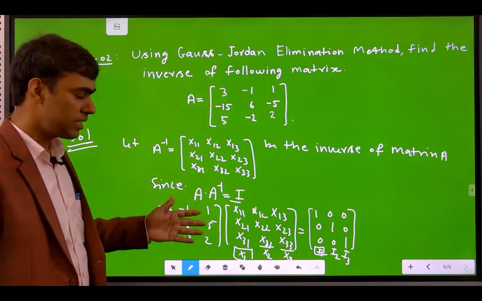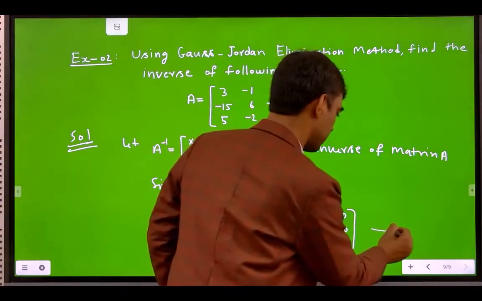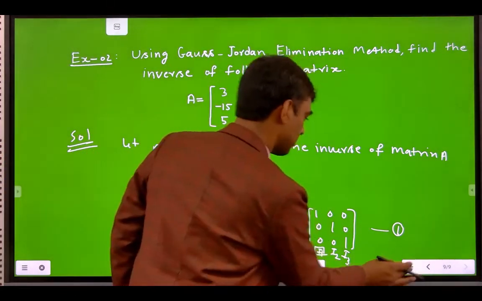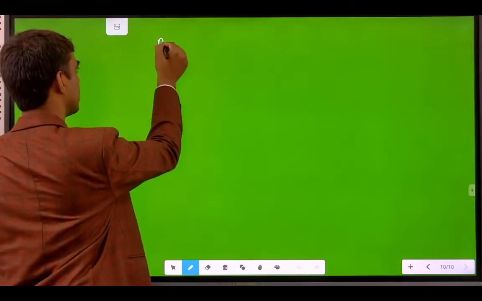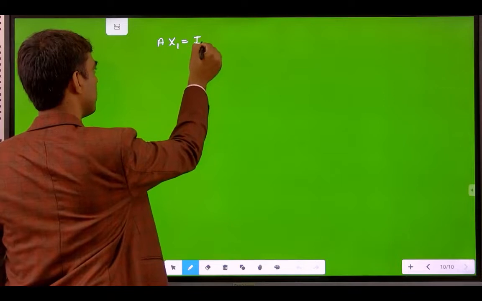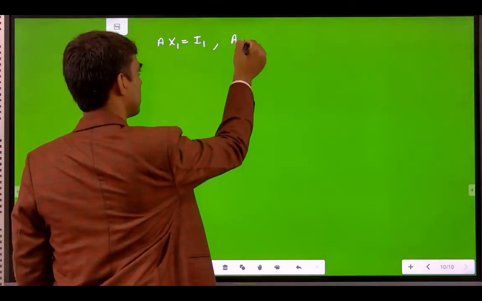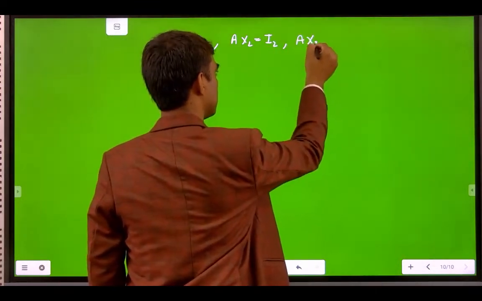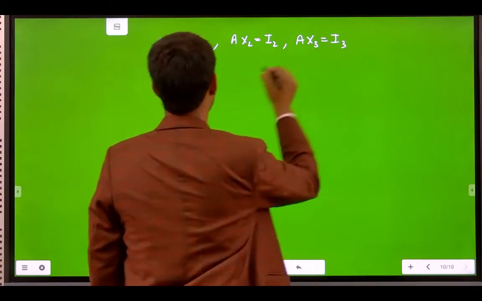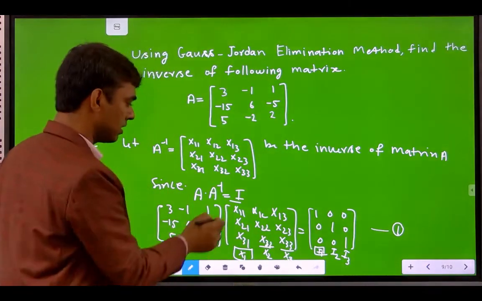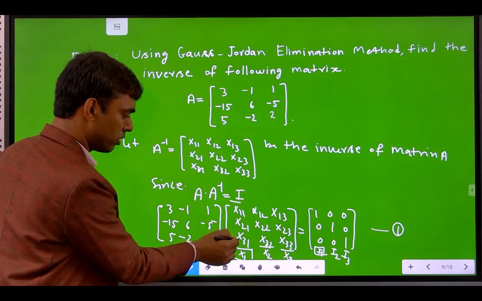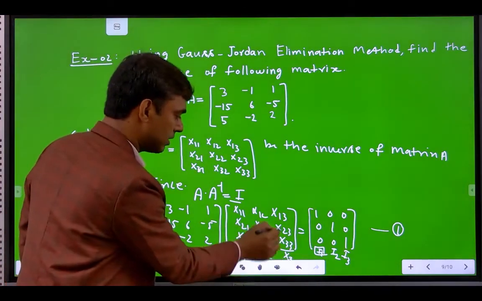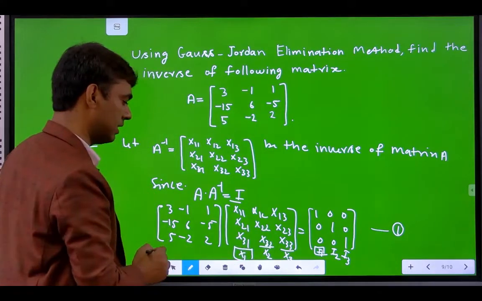Then this equation number 1 is converted into three sets of systems of linear equations. The first is Ax1 equals I1, the second is Ax2 equals I2, and the third is Ax3 equals I3, where x1 is the column vector x11, x21, x31, x2 is x12, x22, x32, and x3 is x13, x23, and x33.